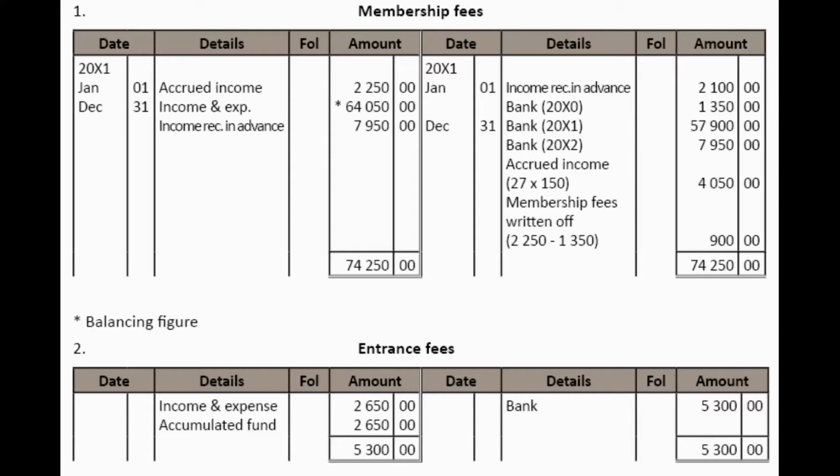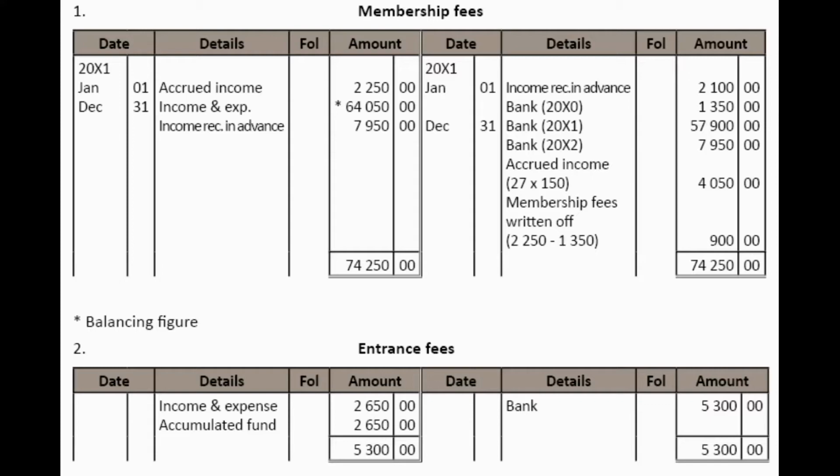It was 2,250, so that was the amount that was outstanding at the end of 20. Now, if you look at the amounts that you've received this year, you can see that you have received 1,350 for those outstanding membership fees for 20, and the difference you must write off as bad or irrecoverable. Membership fees written off.